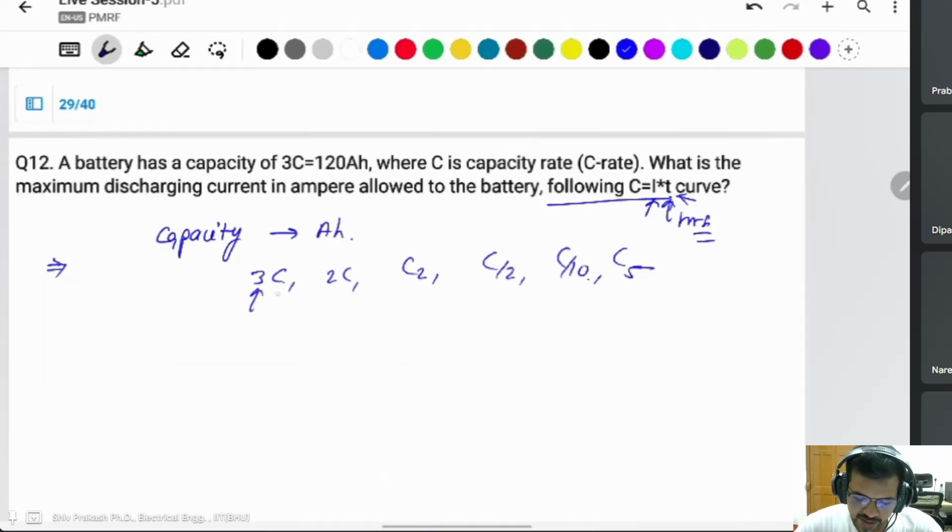The first number denotes the capacity, and the following numbers denote the hour time. This is the total capacity, this is the time. From this you can calculate the charging or discharging rate of the battery.